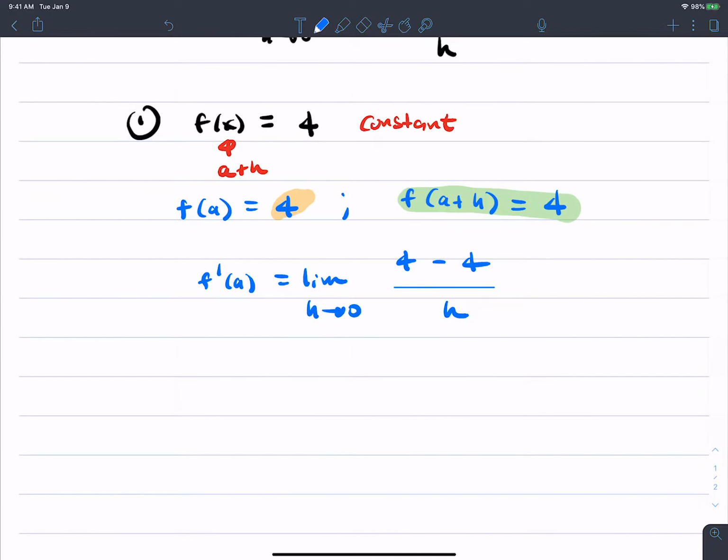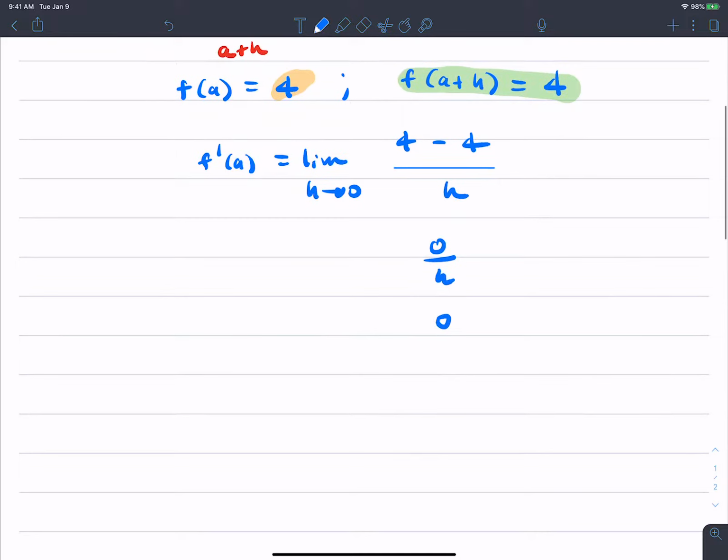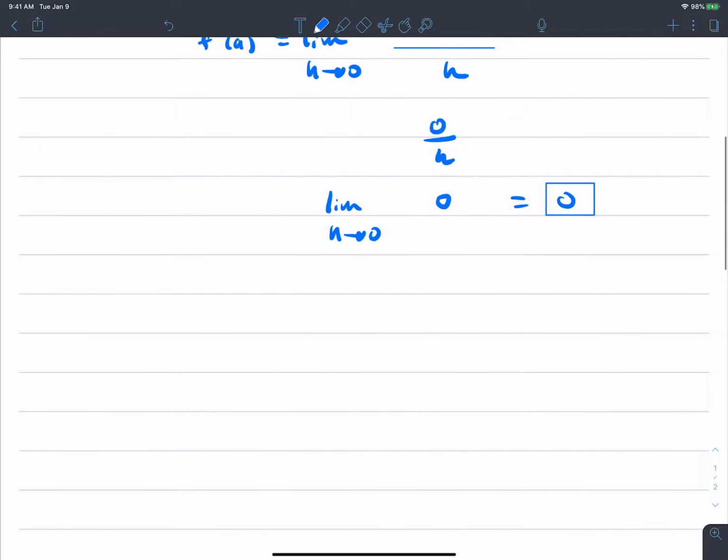And this portion now is 0. So we get 0 over h, which is 0. And so if we take that limit now as h goes to 0, this is a constant, the derivative is 0. So what we have shown here is f prime of a is actually 0.